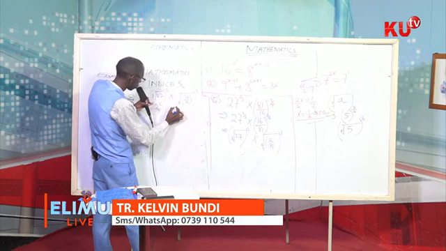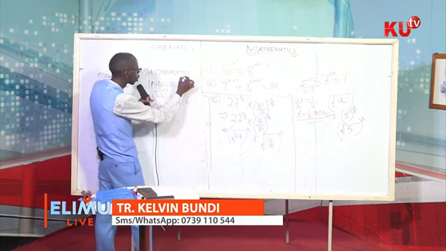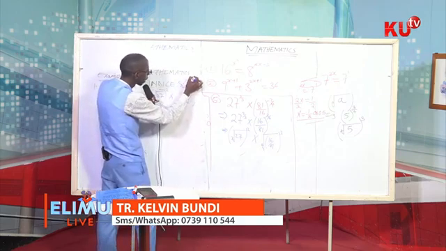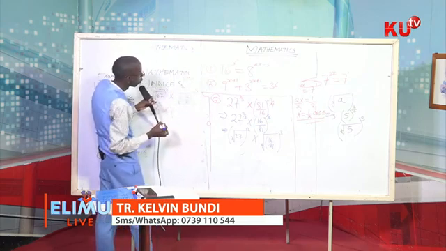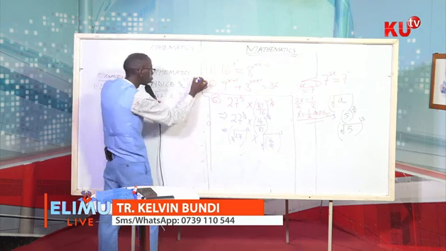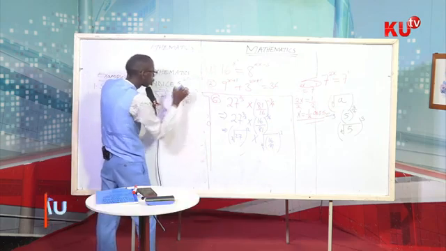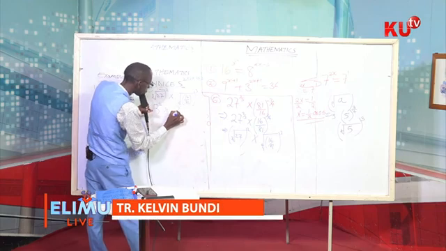That is 2, because 2 times 2 is 4, 4 times 2 is 8, times 2 is 16.